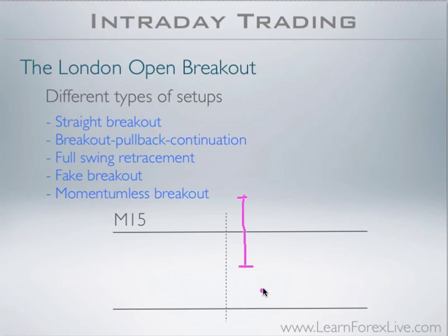As a whole, you usually want to avoid bracketing the range by placing a buy order just above the range or a sell order a few pips below the lower boundary of the range. Okay, you don't want to do that. Why is that?